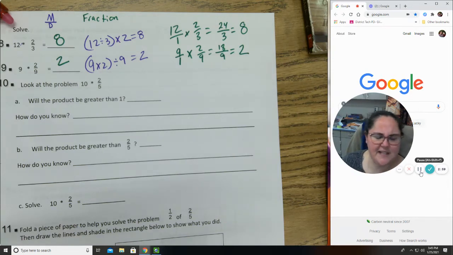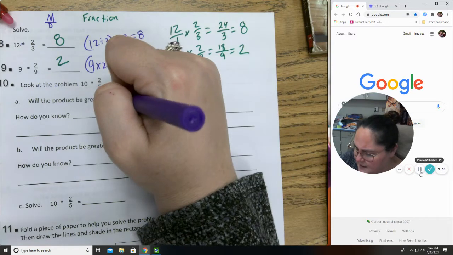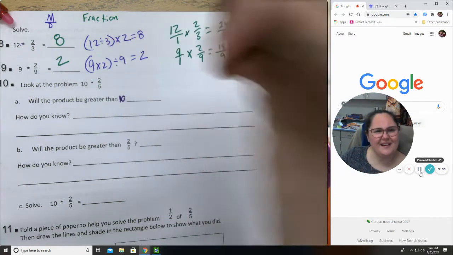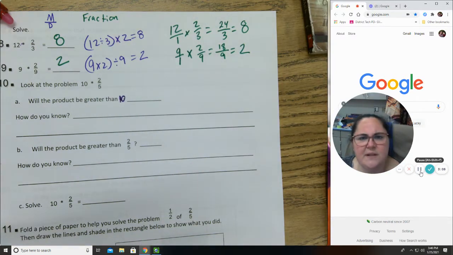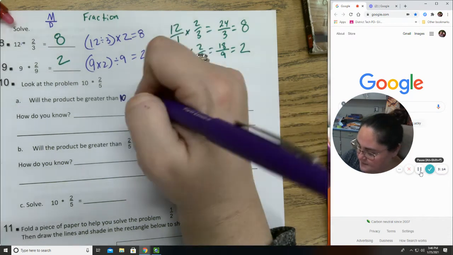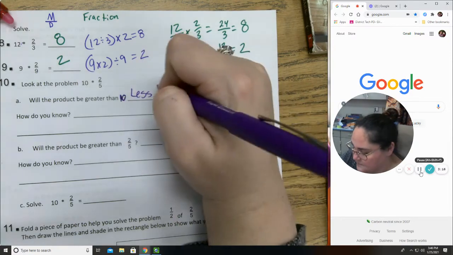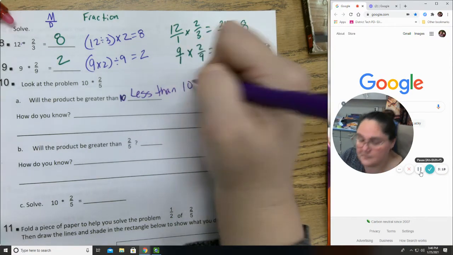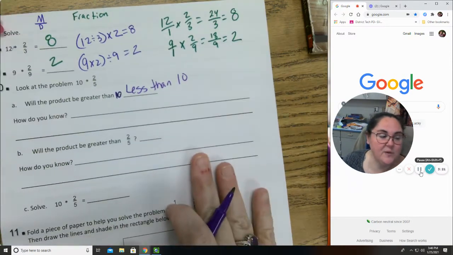I think it was supposed to say 10 times, is it going to be greater or less than 10? So that's what we're going to put it as. Is this product going to be greater than 10 or less than 10? What do you think? For this one, my answer is actually going to be less than 10. And that's how I'm going to write it. It's going to be less than 10.